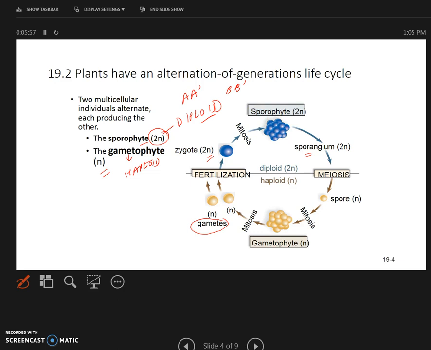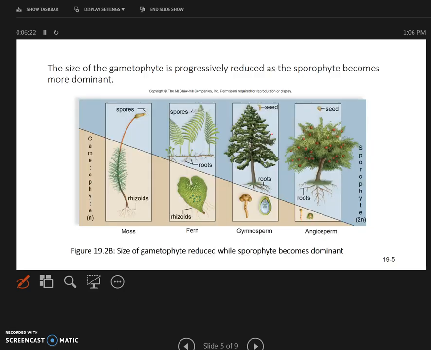Now here, the plants differ from each other by which generation is dominant. Is the gametophyte more dominant or the sporophyte more dominant? Sporophyte dominance is adaptive to dry land. This sporophyte will naturally have complex structures, vascular tissues, and as in evolution, you will see in the next slide, as we are moving on, the gametophyte is going to become smaller and smaller, and the sporophyte is going to become bigger and bigger.